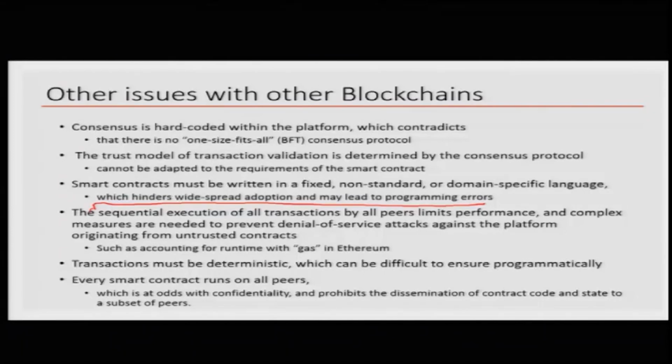Now, another issue is that in Bitcoin and Ethereum, once you get a block, you have to execute all the transactions in that block, even though you did not mine that block. Therefore, if a smart contract that you are executing is very time consuming, you might get into an infinite loop or a very long loop, and then that particular node will be engaged for a long time, and that can lead to what is called a denial of service attack.